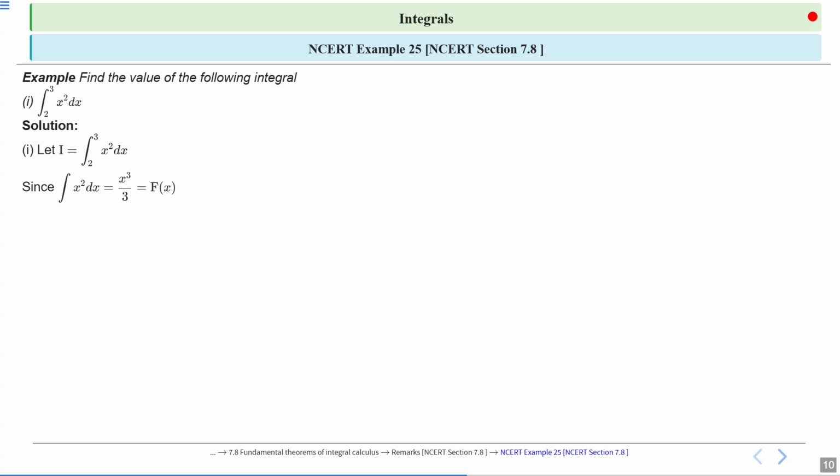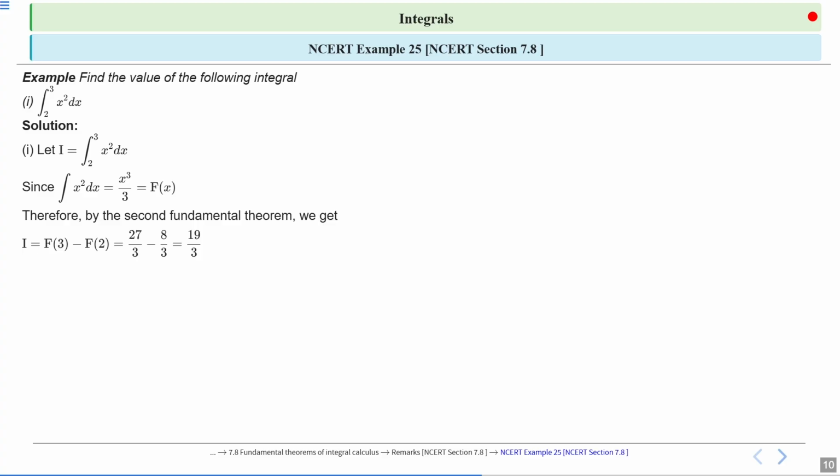In the second step, by the second fundamental theorem, we get I is equal to F(3) minus F(2). F(3) is the value of the antiderivative at the upper limit, and F(2) is the value of the antiderivative at the lower limit. So we calculate F(3) minus F(2) to find the value of the definite integral from 2 to 3 of x square dx.